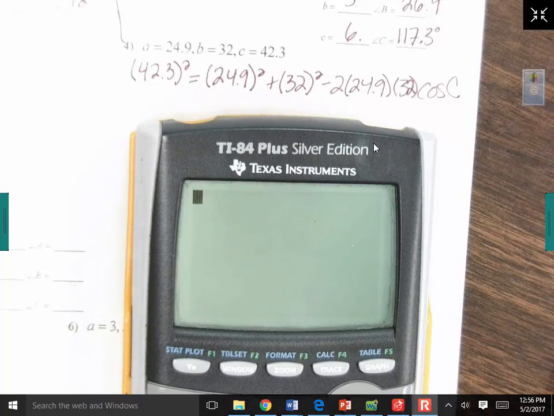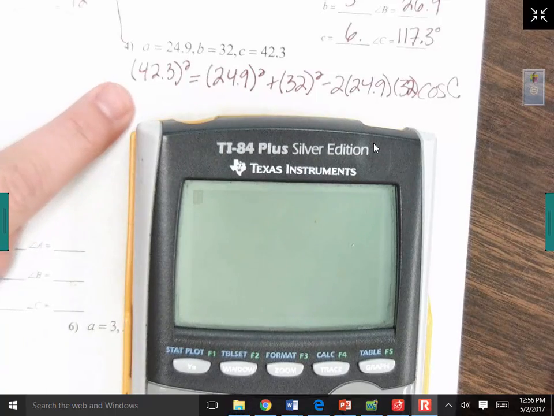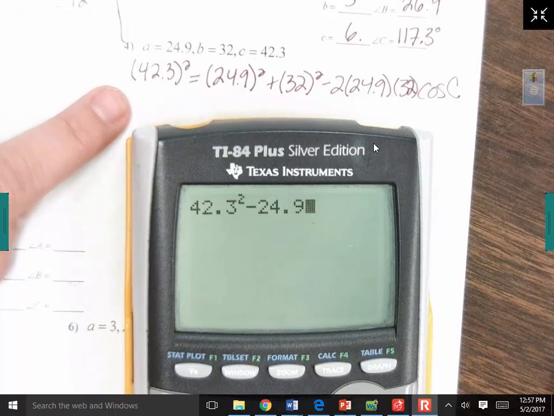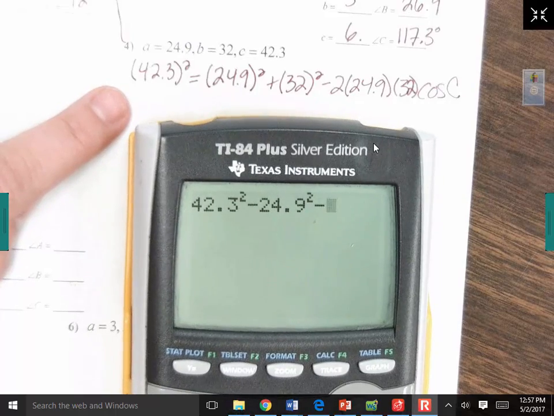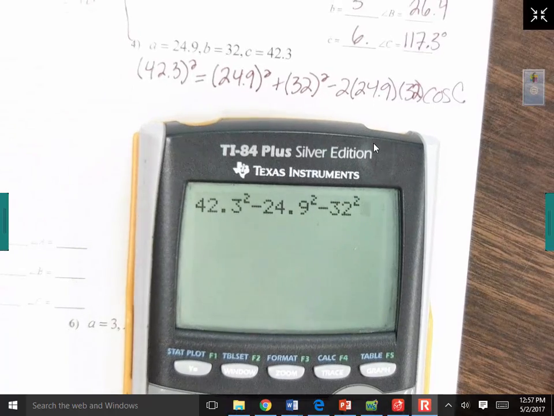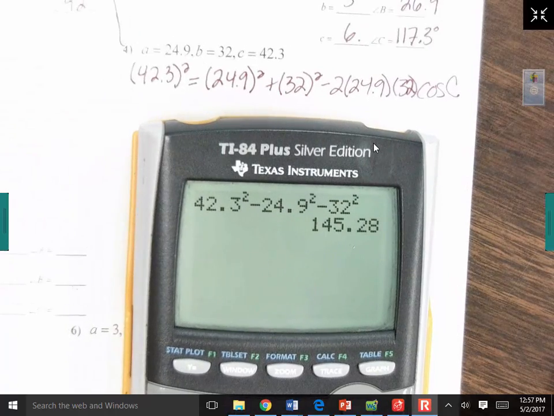Right, we're going to start with this 42.3 squared. Good. And then what do we want to take away from that? 24.9 squared. And then what do we want to take away from that? Good. And then we want to press enter. Good. And now? Divided by? Oops.